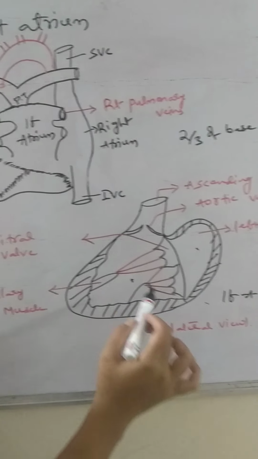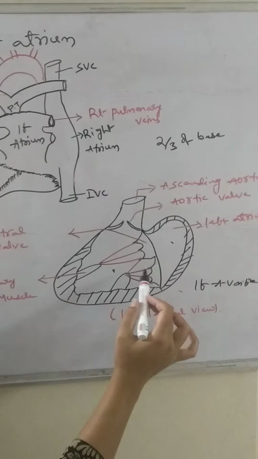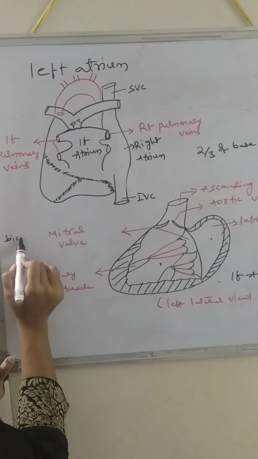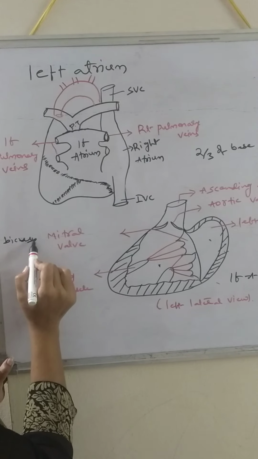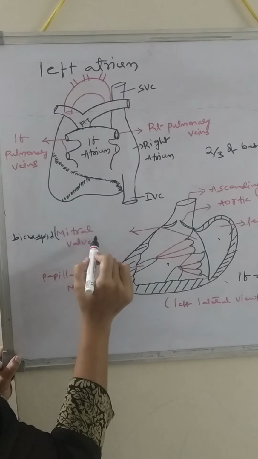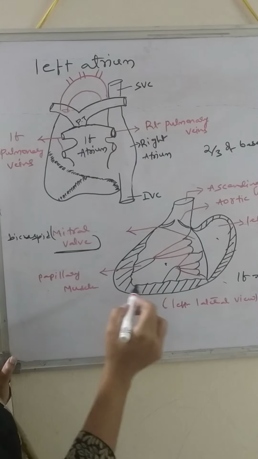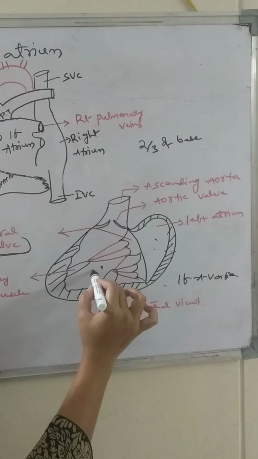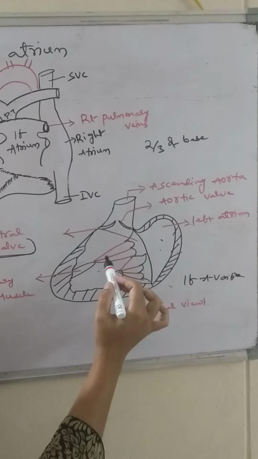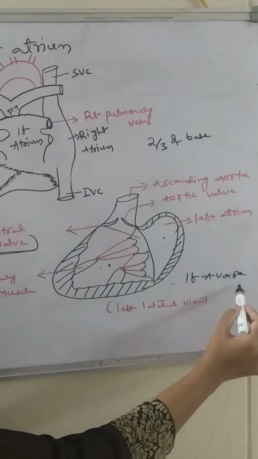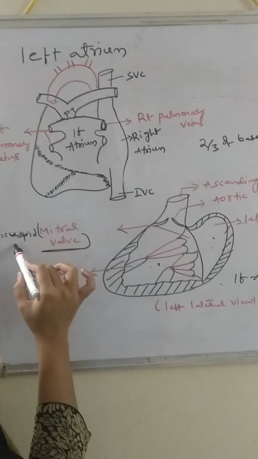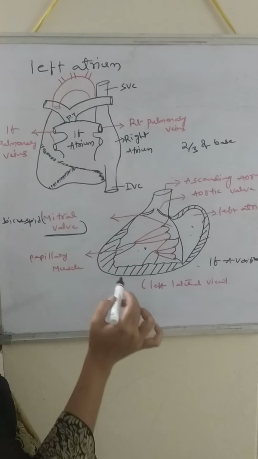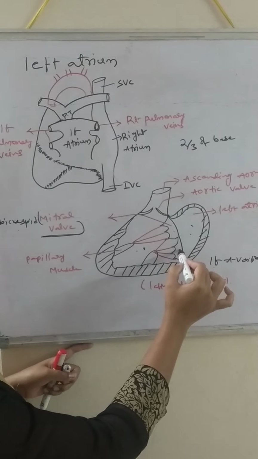This orifice is guarded by the bicuspid valve, which is also called the mitral valve.